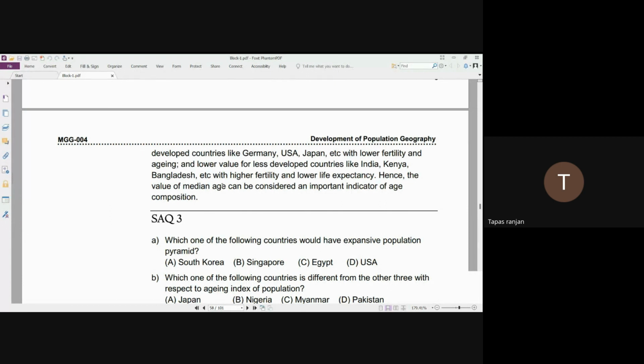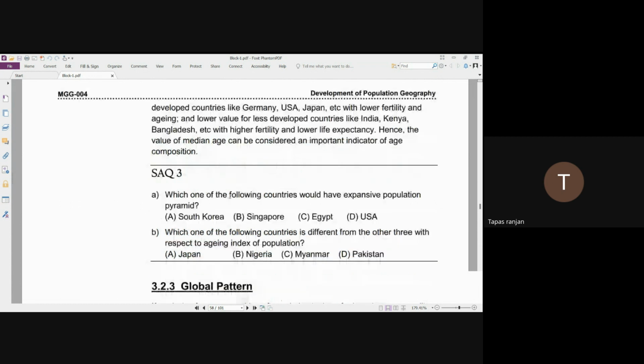It's not only the age composition that decides the development of any country. There are a lot of factors which are contributing to the development of a country, but still we can say it is basically the demographic dividend. So if the demographic dividend will be high, then the country will develop in near future.